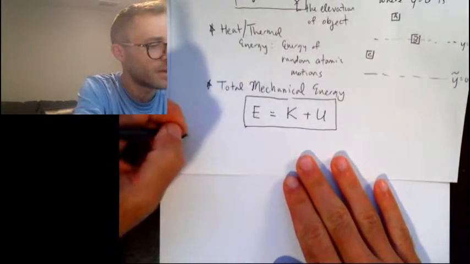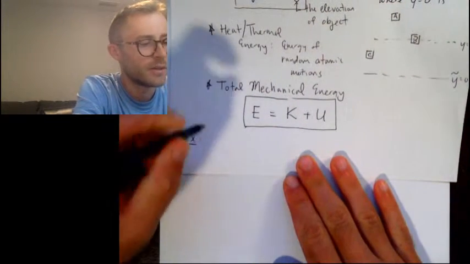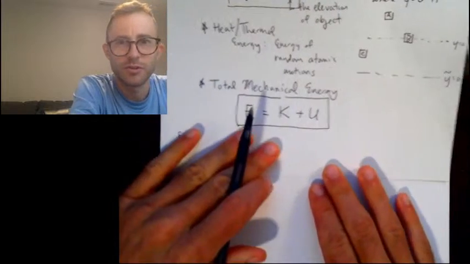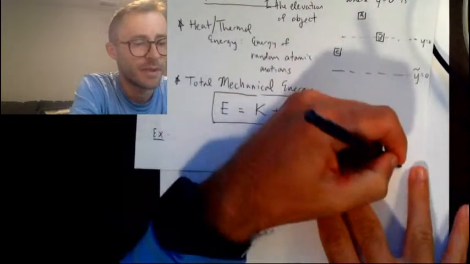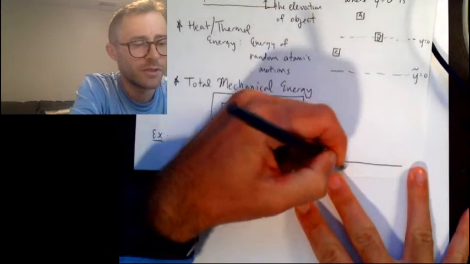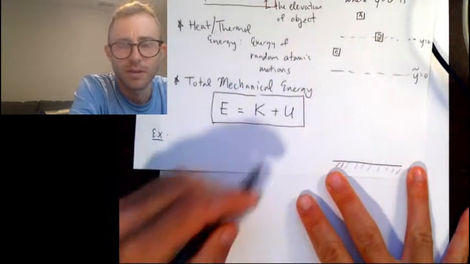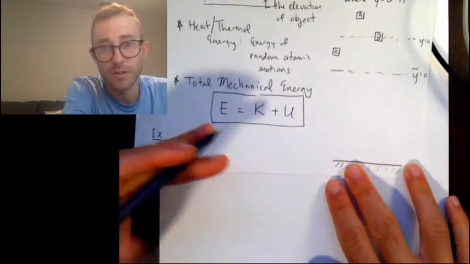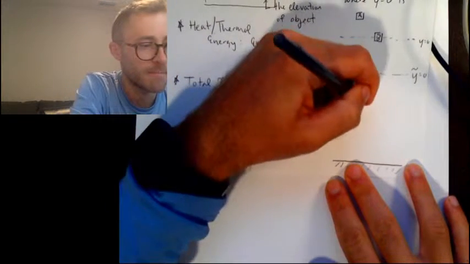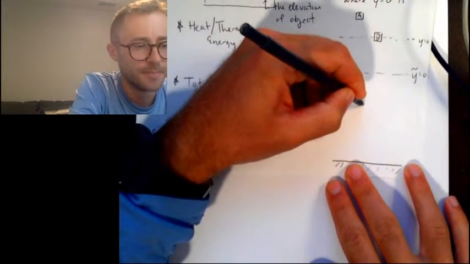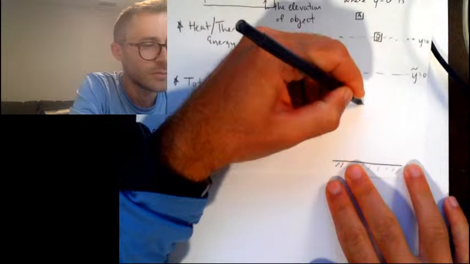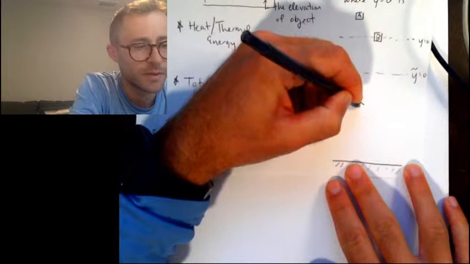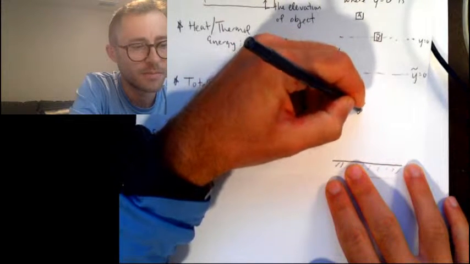All right, so let's do just a little example here. I'm going to draw it over here, actually. So what if we have, here's the ground, and we have a bird that is flying. Here's the bird.